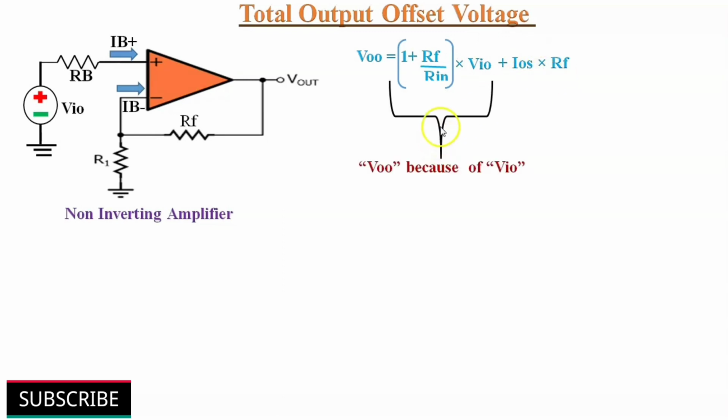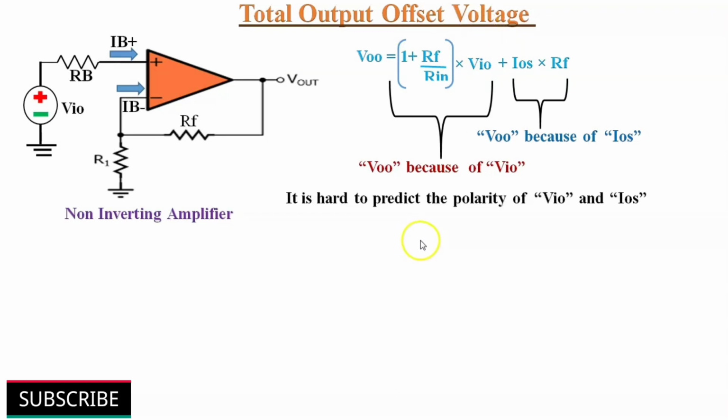The first term represents the error, or output offset voltage, because of input offset voltage VIO. And the second term represents the error because of input offset current IOS. The derivation of this formula is also shown in the description. Please check it there. As we know, it is very hard to predict the polarity of input offset voltage VIO and input offset current IOS.